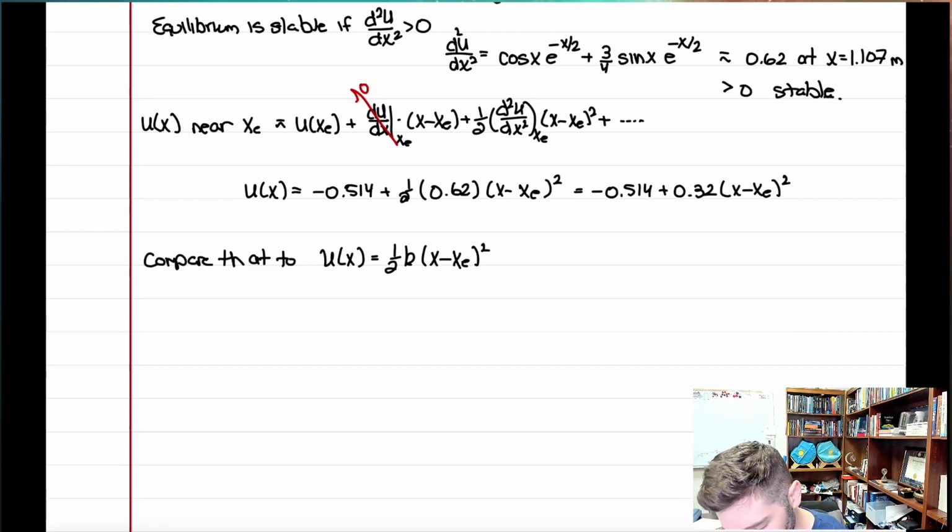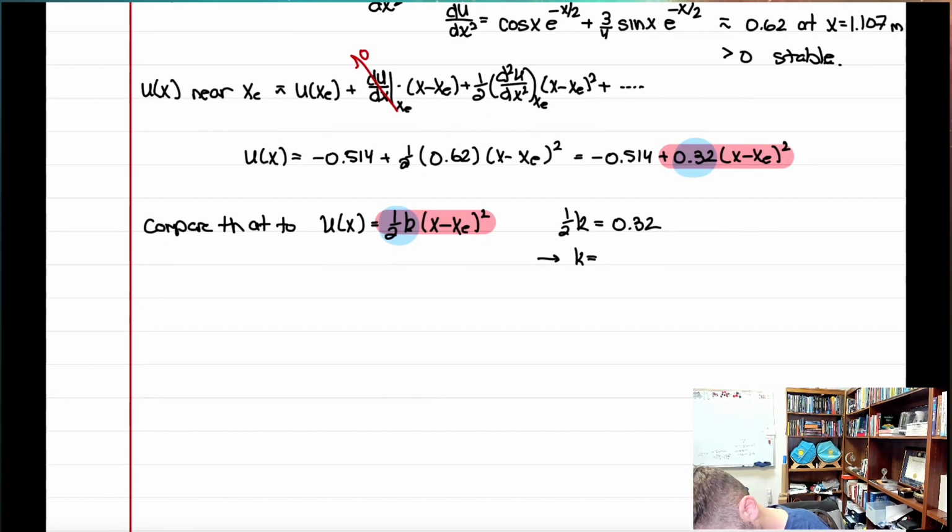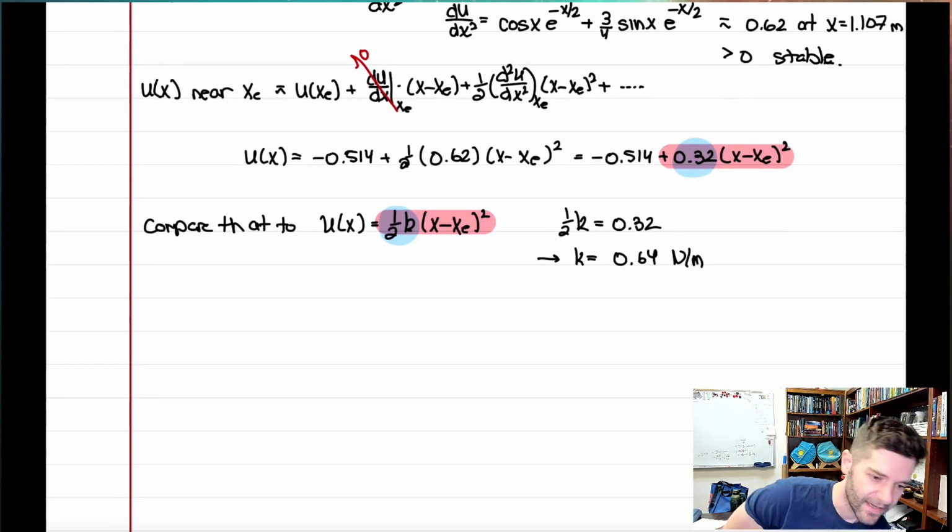I can always define my reference point such that it goes away. But if I compare this to this, then I can make a connection between the 1/2 k and this 0.32. So in this case 1/2 k is 0.32, where k in this case is 0.64 newtons per meter.